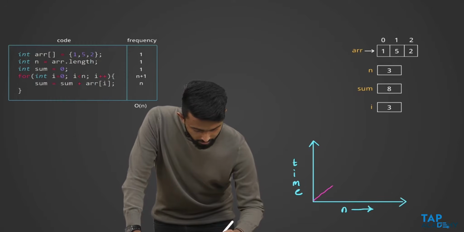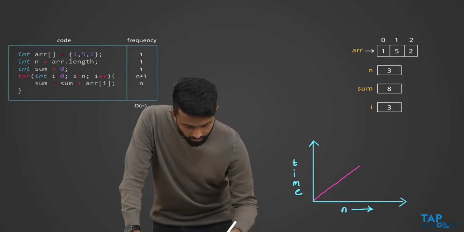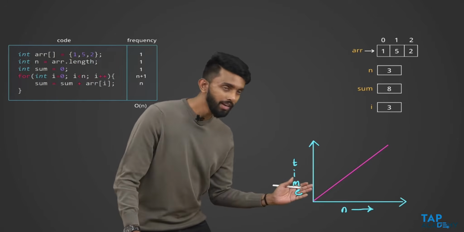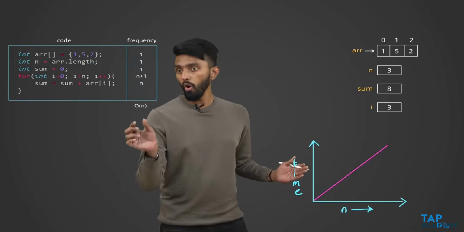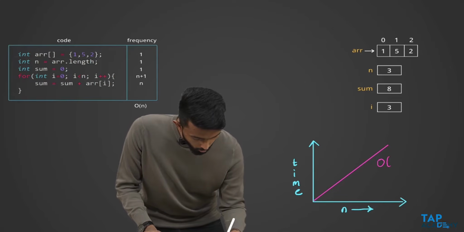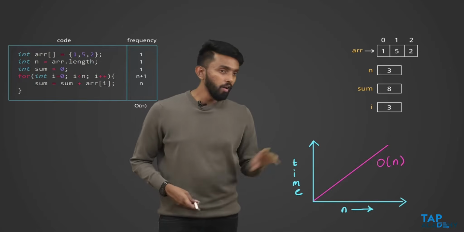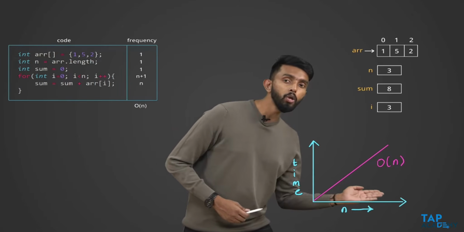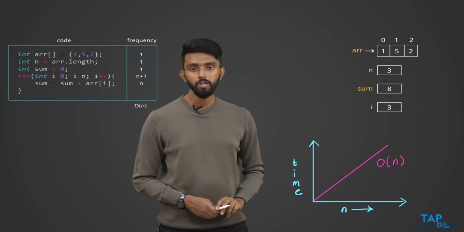As n increases, time will increase. So do you see that if you have big O of n, clearly you can see as n value increases, time will also increase.